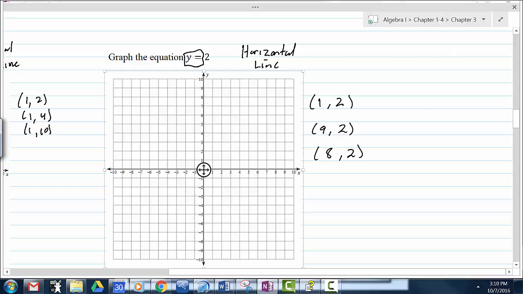If we're doing (1, 2), that point goes here. (9, 2), that point goes here. Well, okay, (1, 2). Let's actually do that big. (9, 2), (8, 2). So you can see my point. As long as my y coordinate is 2, then we all know what kind of line that's going to make. A horizontal line, right?